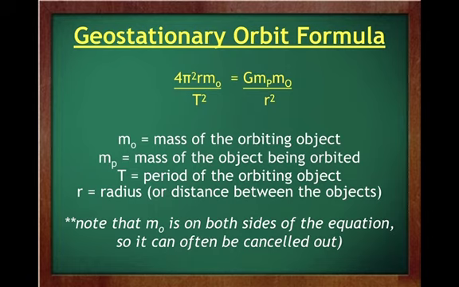So 4 pi squared r m naught, with m naught being the object that's in orbit, and then your GMp equaling m naught, with p being the mass of the planet that you're orbiting around. So those would be the notations that we're going to use there. That's our little formula, and that's what we're going to use for our geostationary orbit formula.